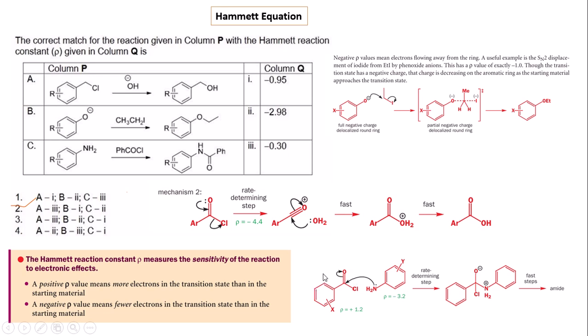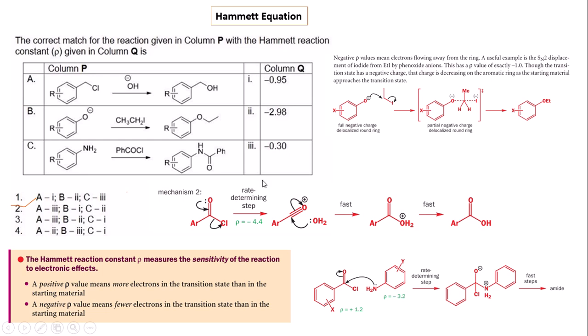a large negative value, and hence the large negative value means this amine can couple with the benzoyl chloride to give the amide derivative with the higher negative value, minus 2.98. And this is the SN2 reaction, where the phenoxide ion attacks the alkyl iodide to give the ether derivative, where the electron density is lowering, and hence this is negative, but it will be a lower negative value in the transition state.